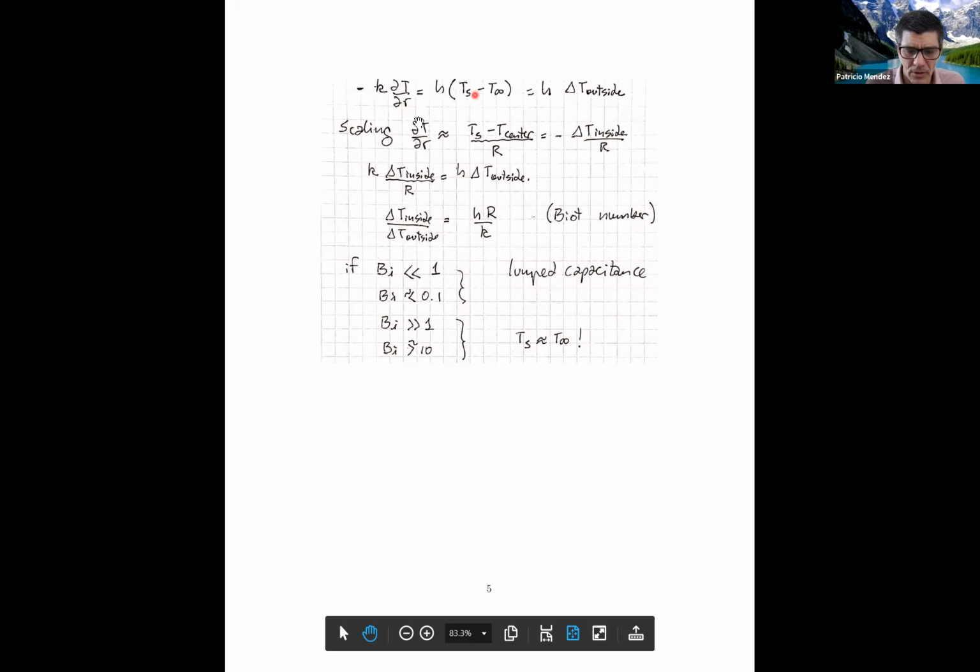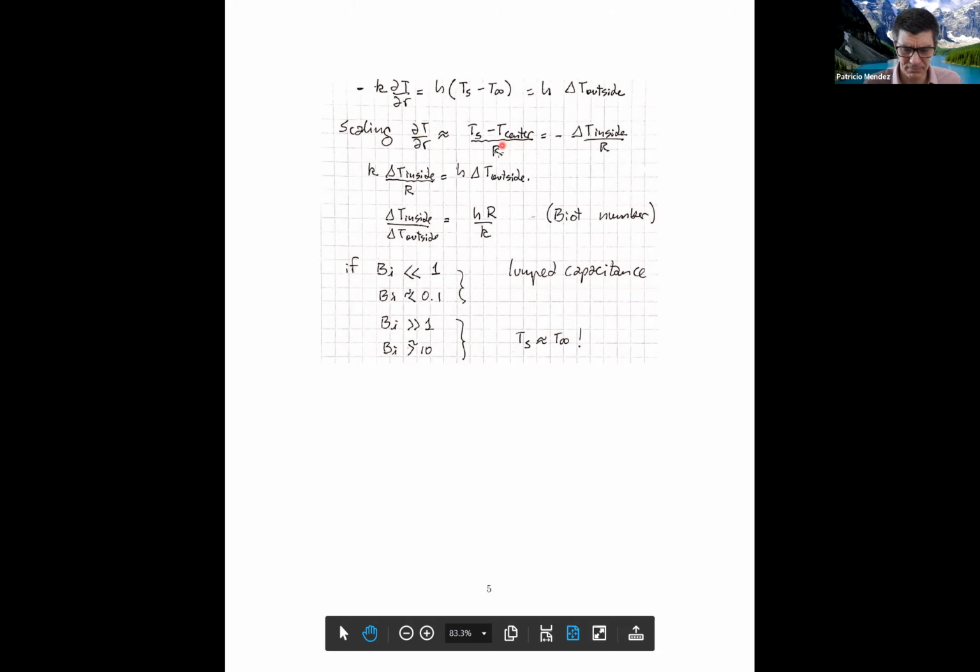So what we are going to say is that this radial gradient of temperature is more or less the difference between the temperature at the surface and the temperature at the center over the radius. So we're turning this differential into a delta T inside over the radius.